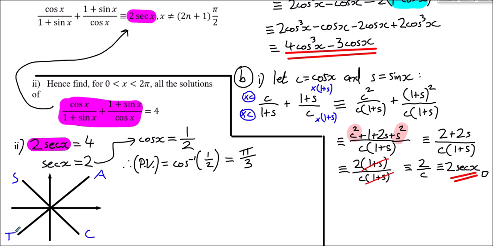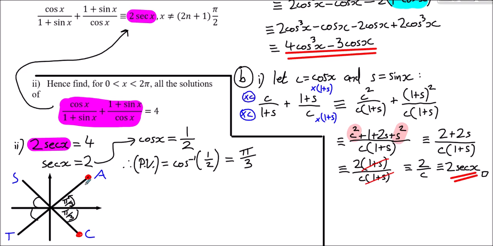I'm wanting cosine to be positive 1/2, so in which quadrants are we looking? It's A here and the cosine quadrant. So we have pi over 3 first, which is that one. All of these acute angles between the x-axis and these diagonal lines will be equal to pi over 3.